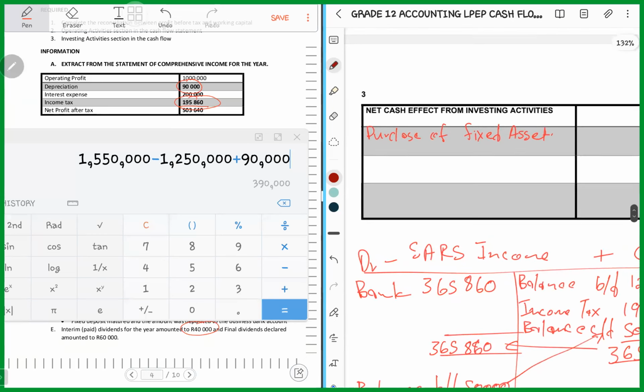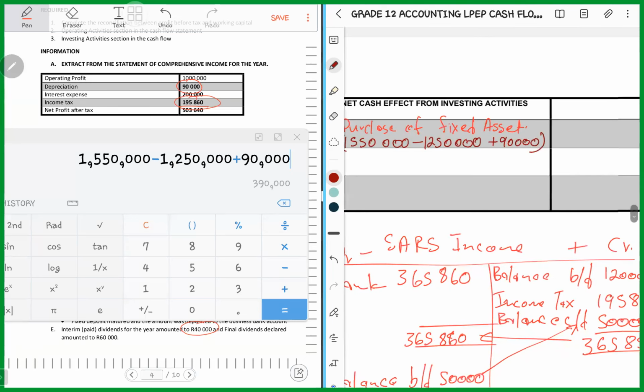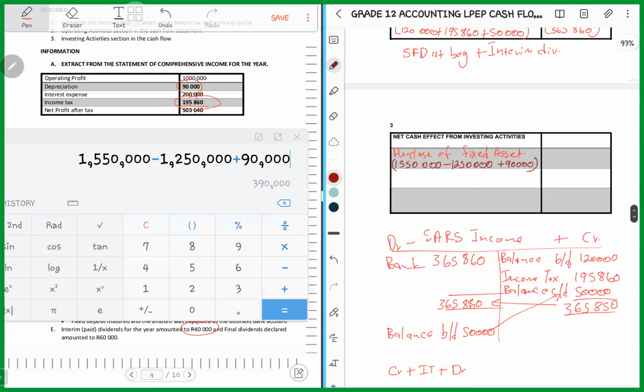Okay, so here it will be the carrying value at the end of 1,550,000. We're going to subtract the carrying value at the beginning of 1,250,000. Then we're going to add the depreciation of 90,000. Remember, they are buying, purchase or addition.